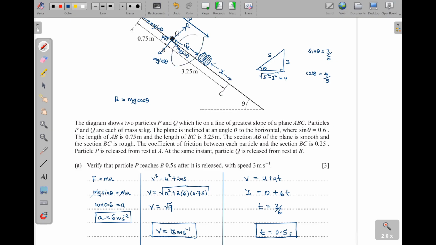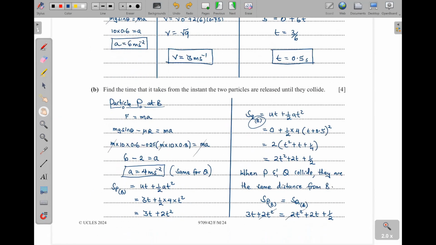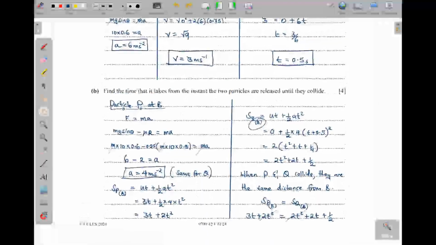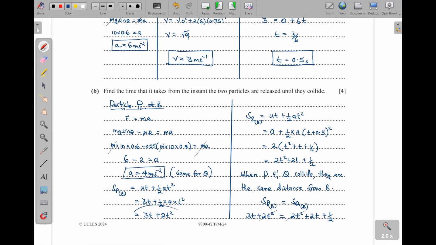So a half, remember the time taken here is a half. So if it is a half, then what do we get from here? I can substitute in any of these ones here. I can either substitute here or in the one of Q here, okay?